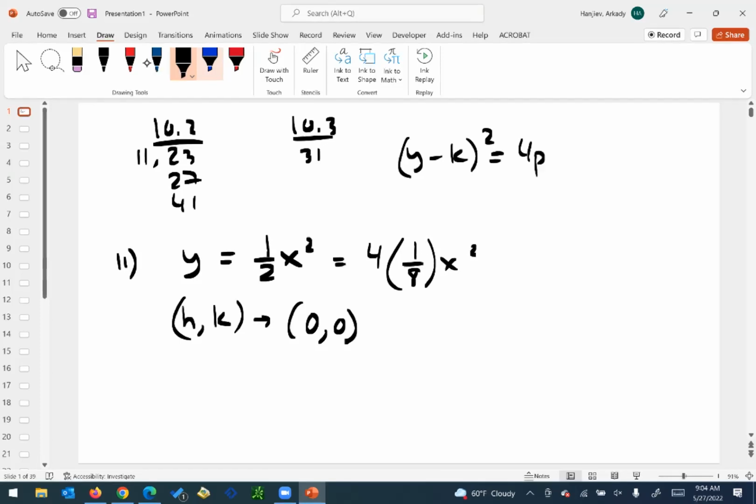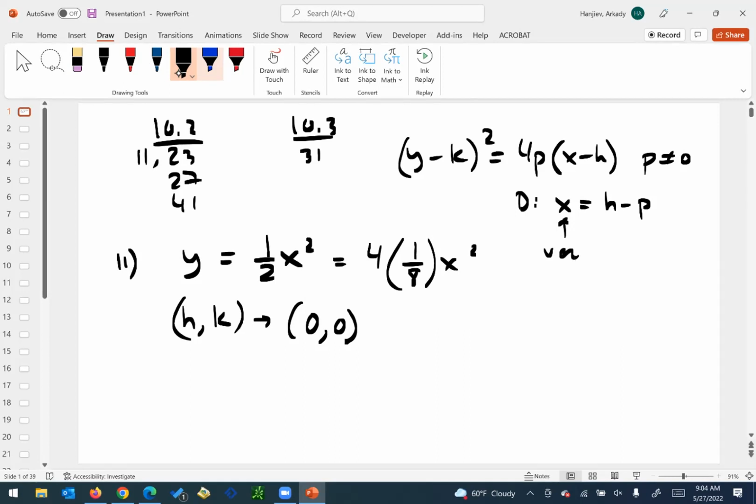So it's 4 times p, and then it's x minus h. And p cannot be equal to 0, or else you have a line at that point. And then the directrix equation is x is equal to h minus p. And this is a vertical line, right? That's a vertical line.